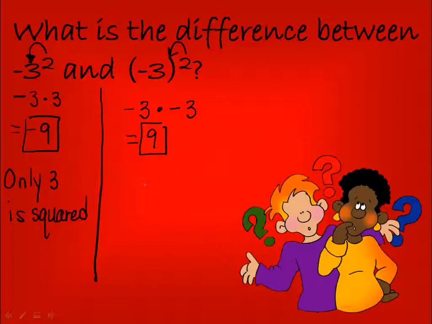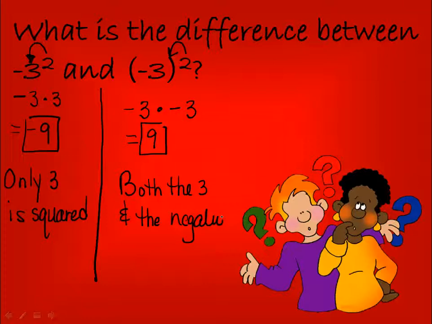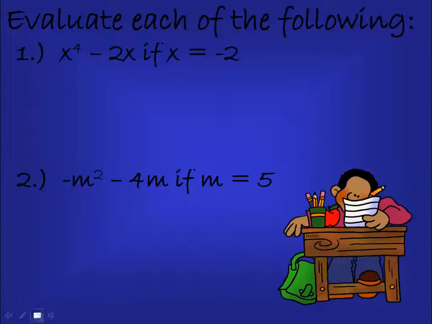But in the second problem, both the 3 and the negative sign are squared. So parentheses do make a difference when we're working with exponents.